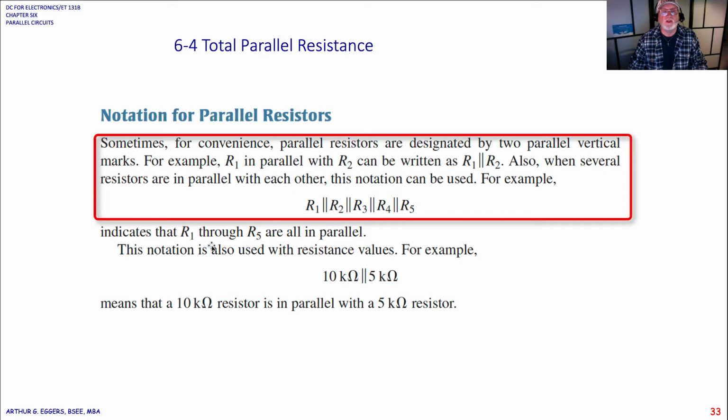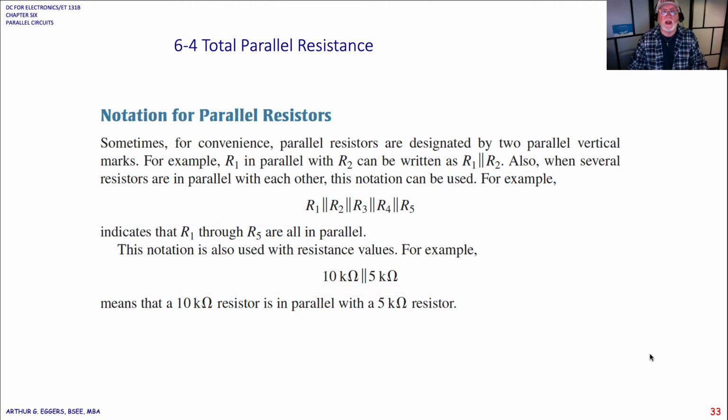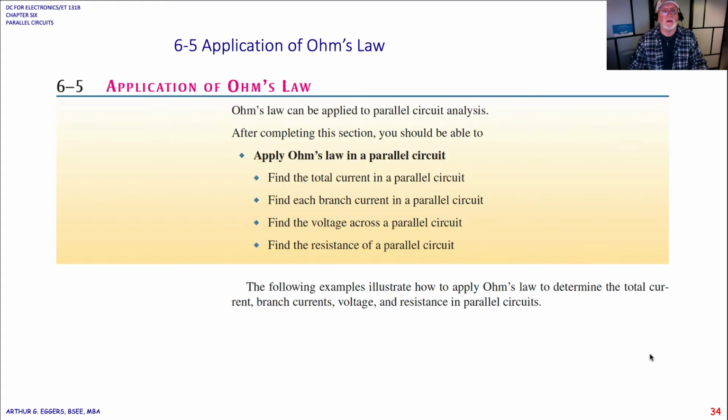So if I had two resistors, a 10k ohm and a 5k ohm, and they were in parallel with each other, I could simply write down 10k ohms in parallel with 5k ohms. Now you'd still have to do the math to calculate what that value is, but this is just a shorthand notation that allows you to keep track and write down what in fact you're looking at here.